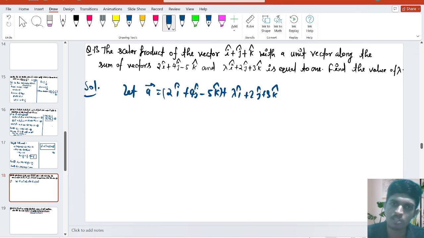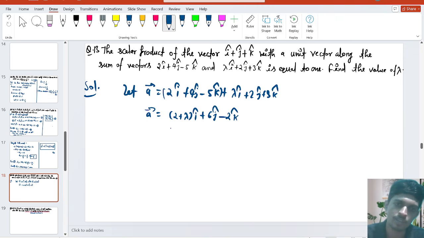See the sum of this vector. So suppose this vector A is equal to what? 2 plus lambda i cap, plus 4j cap plus 2j cap, 6j cap, minus 5k cap plus 3k cap, minus 2k cap here.